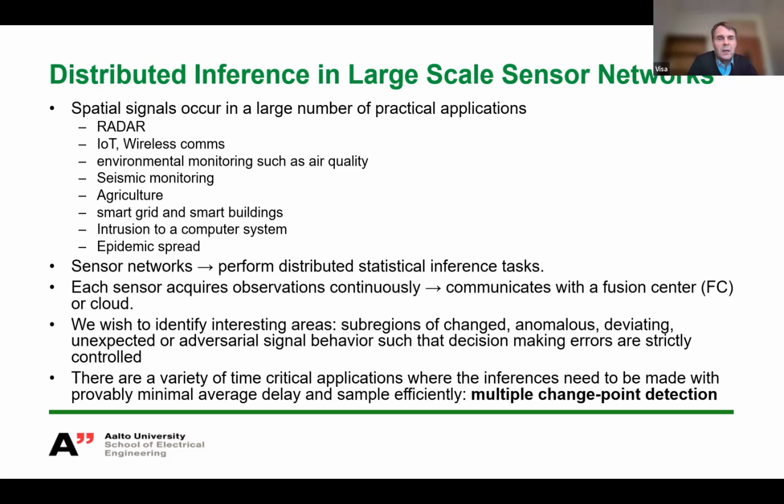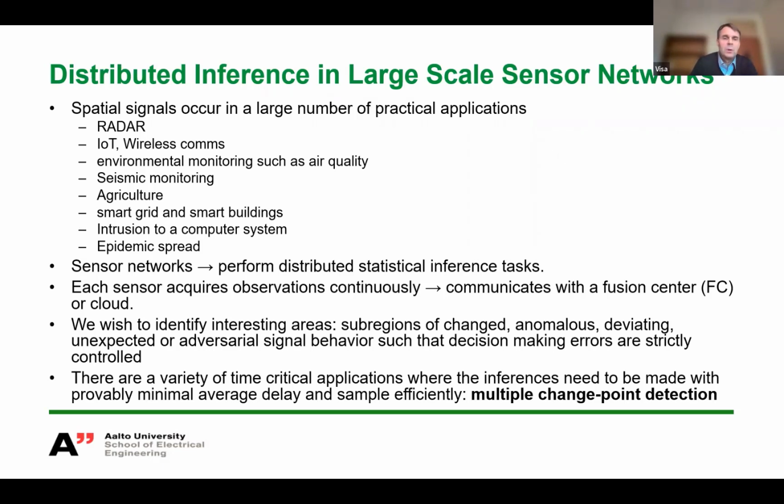By using this type of techniques, we wish to identify interesting areas that we are monitoring, sub-regions where you have some changed behavior, some anomalies, some deviated, unexpected or adversarial events. At the same time, you wish to control the error levels in decision making.